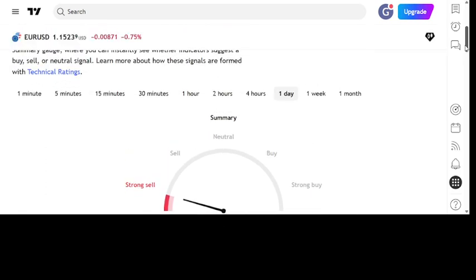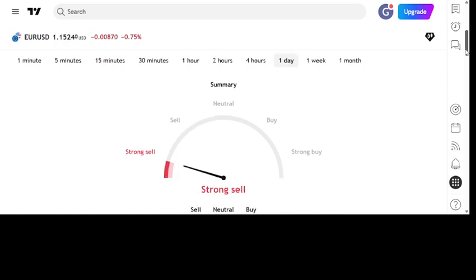Currently it's giving us a strong sell on the 1-day chart. If you go to the various time frames here, the 4 hours showing strong sell, 1 hour just showing sell. Okay, but we're going to be focusing on the 1 minute. Currently it's saying buy.